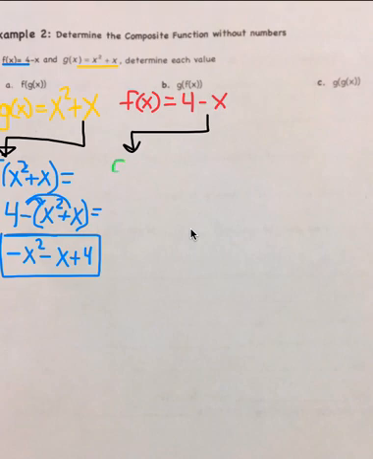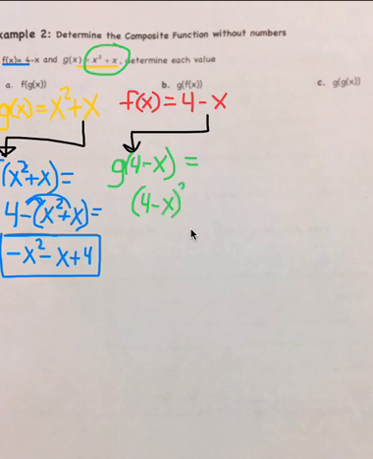So g of x, but actually now we're finding g of 4 minus x. So now in our function g up here, anywhere you see the x, you got to plug in 4 minus x. So that's going to make this 4 minus x squared plus 4 minus x.